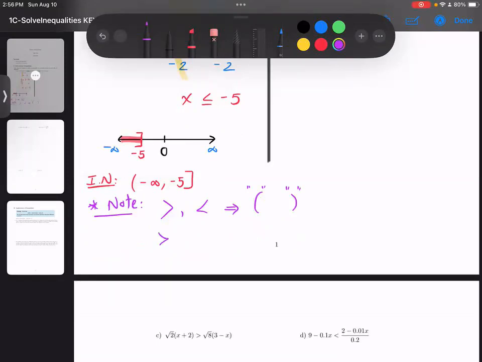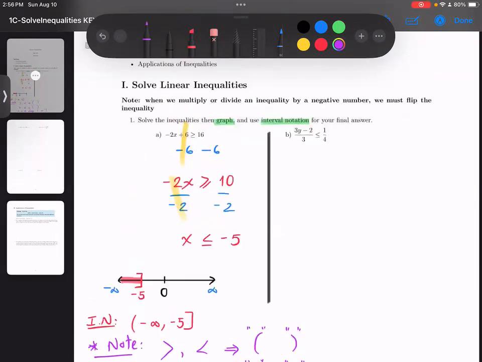If the problem has the inequality and the equality to it, we're going to use a bracket. And negative infinity and positive infinity always carry the parenthesis. Never a bracket, because if you say 1 million, I say 1,000,001. It's never ending.